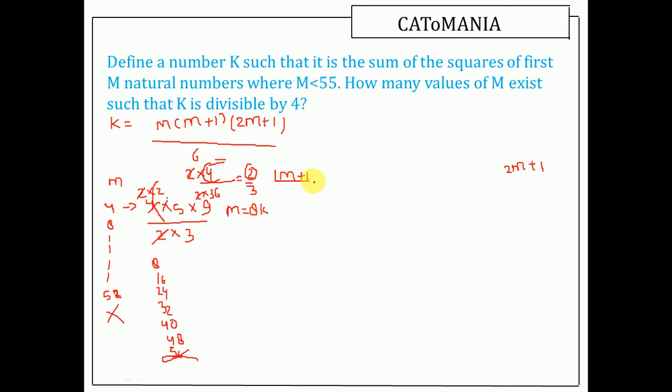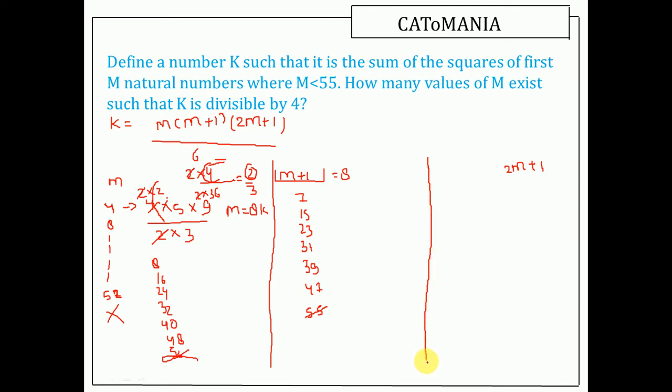And m plus 1, what will be the values of m plus 1? Let me draw a line first. I think now it will be okay, right? m plus 1 equals 8k, so 7, 15, 23, 31, 39 and 47, and the last value will be 55, but again it has to be less than 55, so we won't take this value.